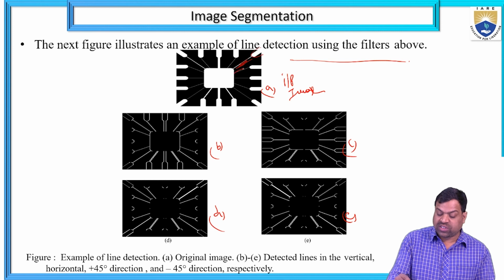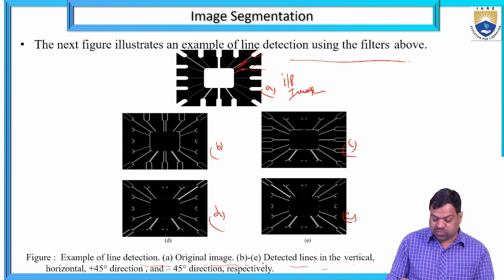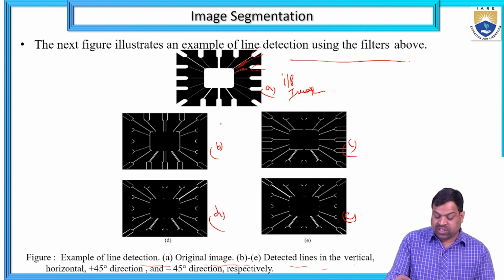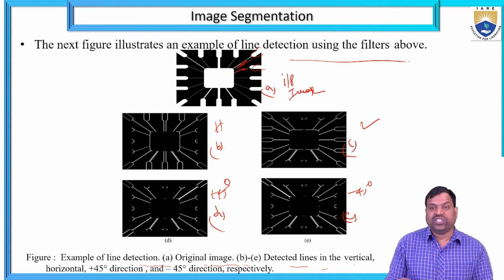Here some lines are there, so we can find them easily. The example of line detection shows the original image, and B to E are detecting the lines in vertical, horizontal, plus 45 degrees and minus 45 degrees directions respectively. In these angles we are finding the edge detection and line detection of the original image.